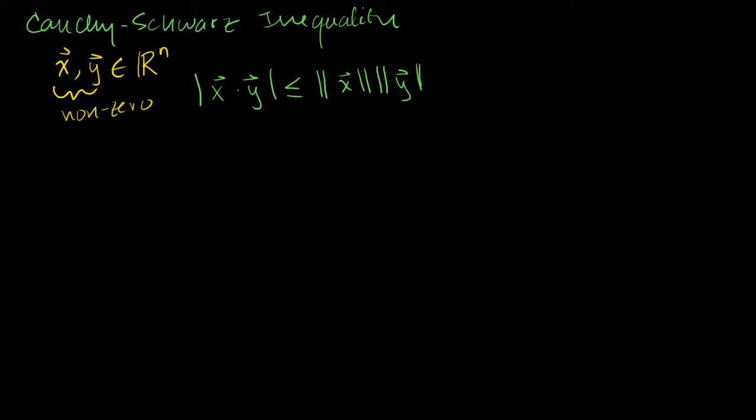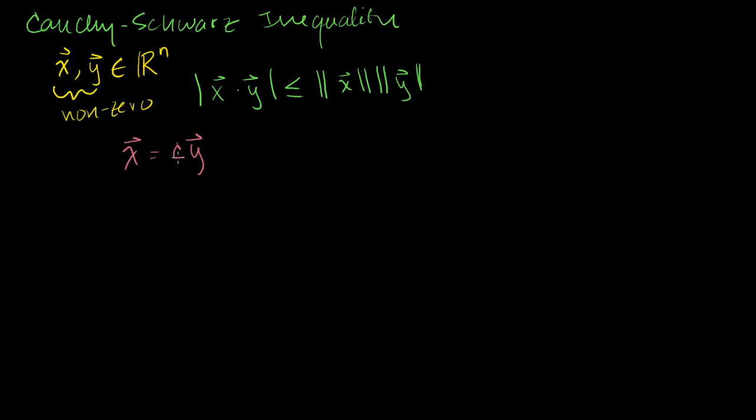And we also learned that the only time that this inequality turns into an equality is the situation where x is equal to some scalar multiple of y. And so in some textbooks you'll say this has to be a non-zero scalar multiple. But that's a bit obvious. I told you that x and y are non-zero. So if c was 0, then x would be 0, and I just said that x is non-zero.